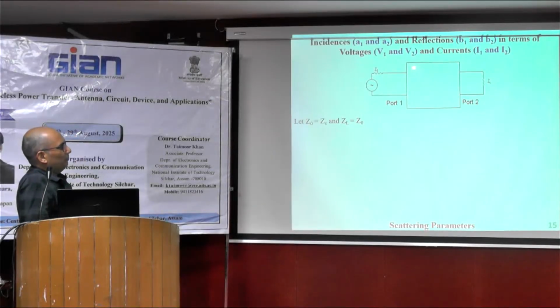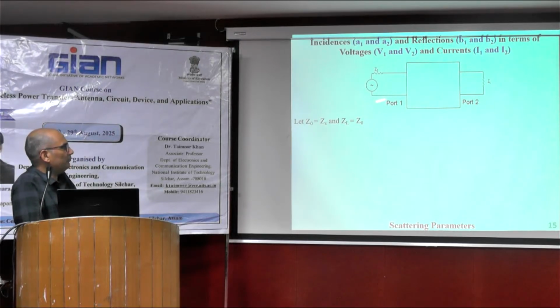Just see a two-port black box, port 1, port 2, source impedance and load impedance. If Zs equal to Z0, what is Z0? It is the characteristic impedance of this block. There should not be any doubt about how to define that characteristic impedance. ZL equal to Z0 means the load is perfectly matched.